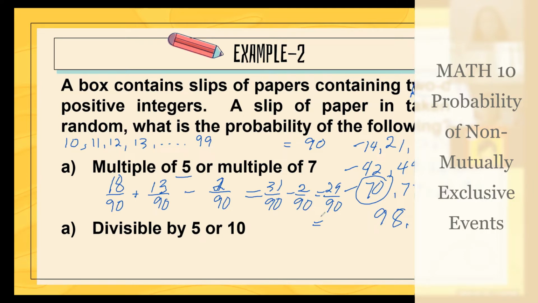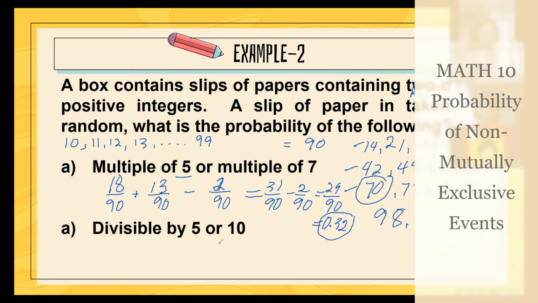And then 29 divided by 90 to get the decimal is 0.32. Whenever you are writing decimal and it's less than 1, always put 0 before the point. So 0.32. Question, okay na ba sagot natin? Yes, 70 rin po. 35 and 70. Very good. Okay, okay na.